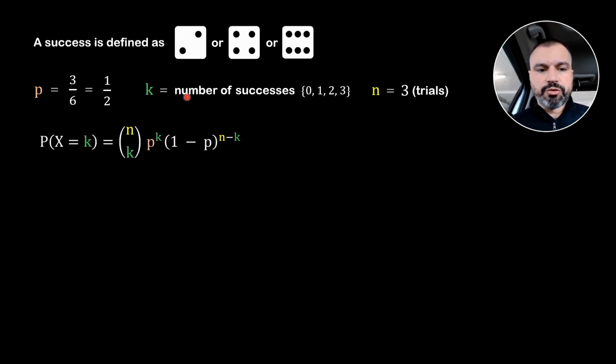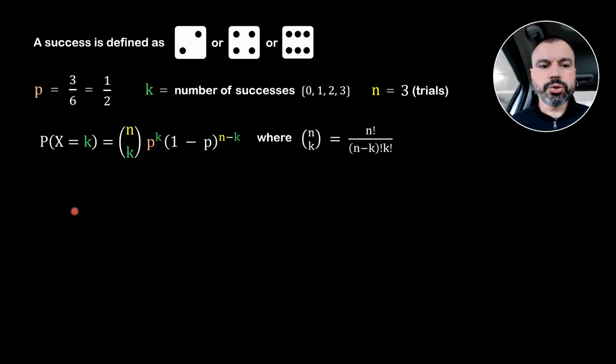Here we have the formula where n choose k is equal to n factorial divided by n minus k factorial multiplied by k factorial. If you don't know what n factorial is, hold on, we're going to see that in a few moments. Let's insert the actual values into this formula.